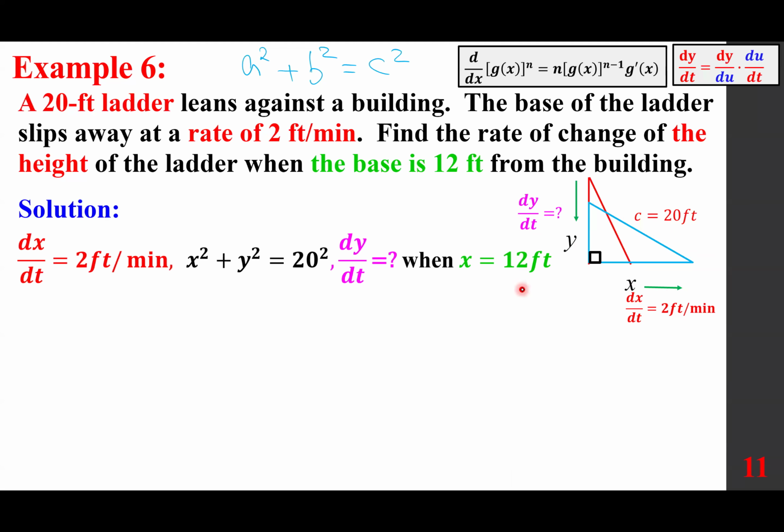This is writing the question symbolically, and this is relating the two quantities, x and y, to solve the problem. So x squared plus y squared equals 20 squared. Of course, 20 squared is 400. We're going to differentiate this: 2x dx/dt plus 2y dy/dt equals 0, because any number results in 0 when you differentiate.